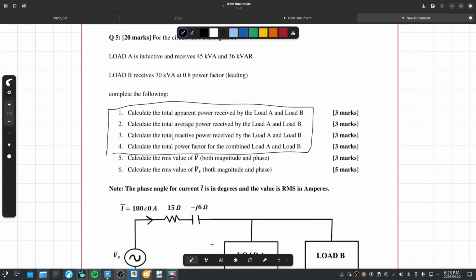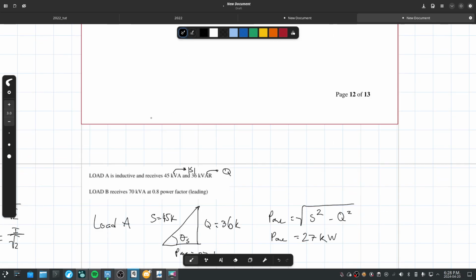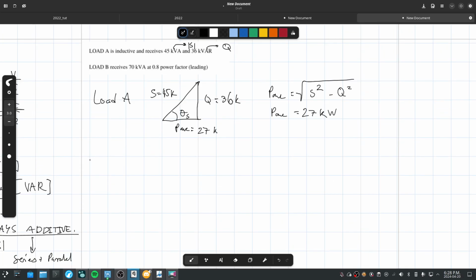All right, now let's find load B. Load B receives 70,000 kVA. This is our S, our apparent power magnitude, and 0.8 power factor, leading. This means that theta S is going to be less than 0.